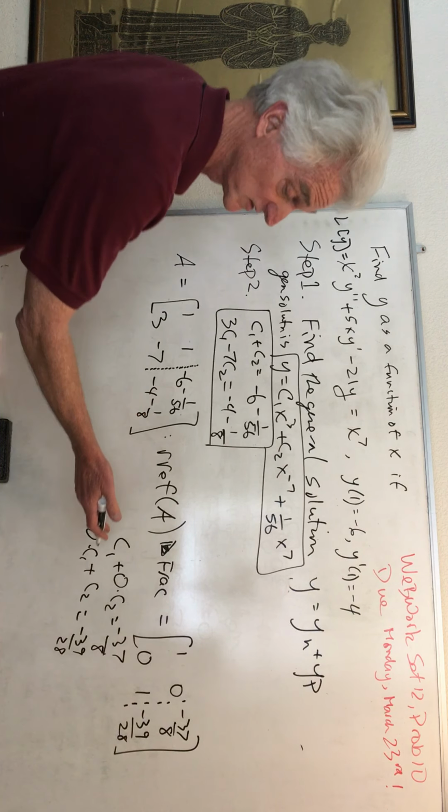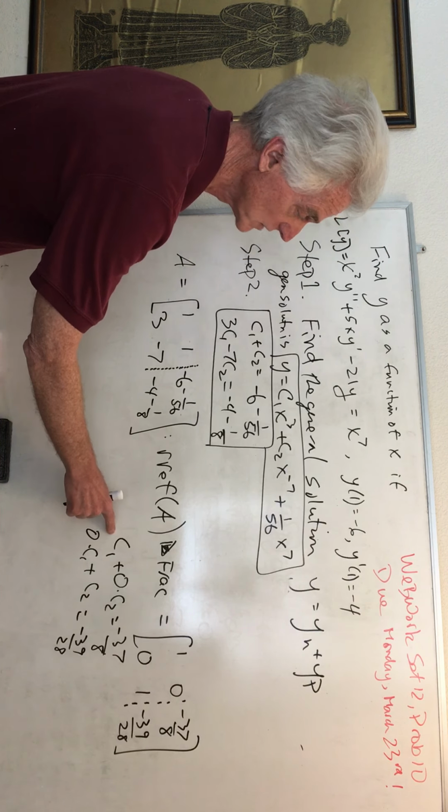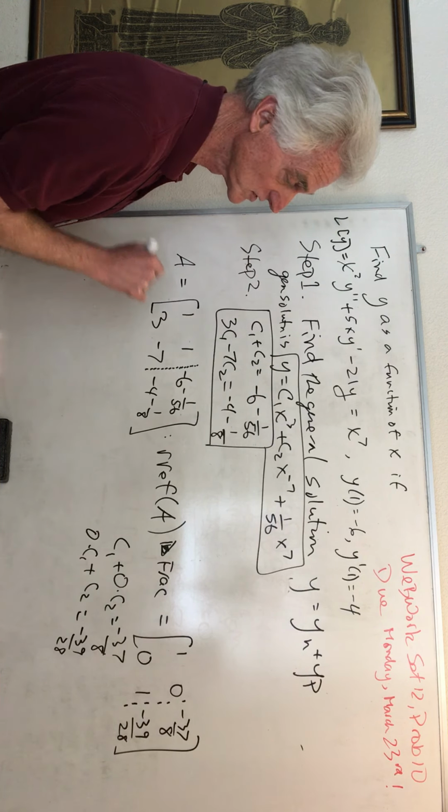So that means we're ready. That's a lot of work, especially if you did it by hand, but we're ready to do step 3. Step 3 says just plug in these two numbers into this general solution.